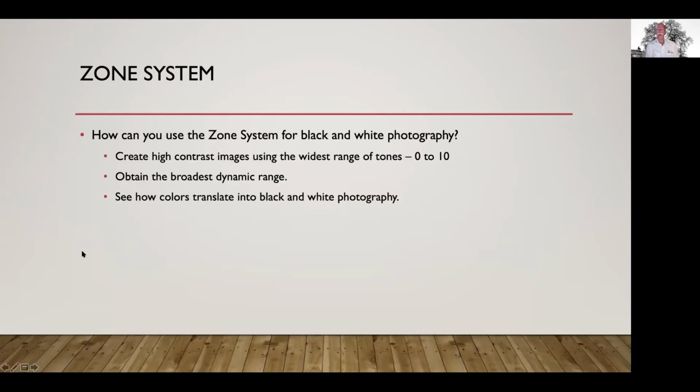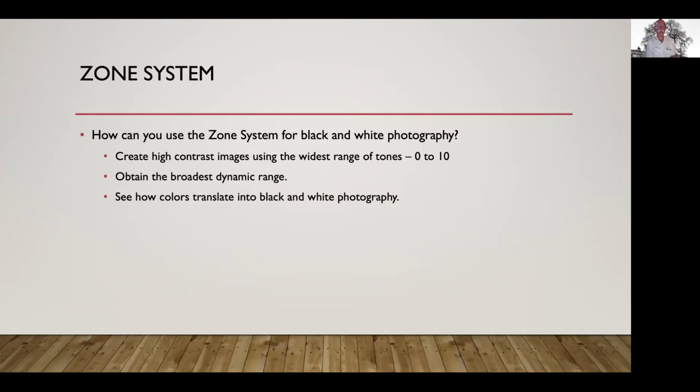So if we're using the zone system for black and white photography, we want to create a high contrast image using the widest range of tones from 0 to 10, from pure black to white. And we want to obtain the broadest dynamic range that we possibly can. We want tonal range and dynamic range.